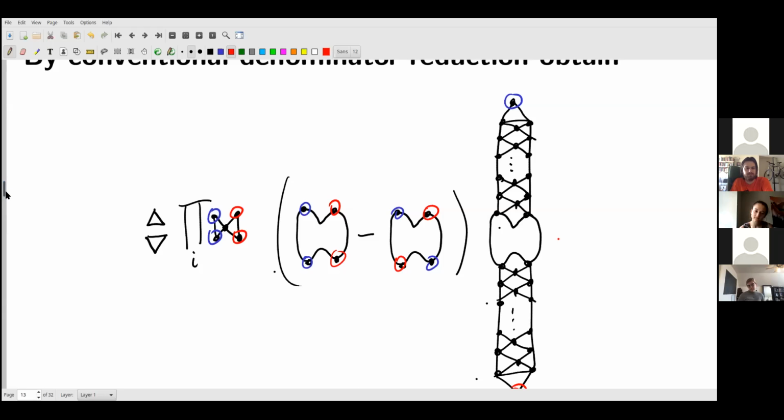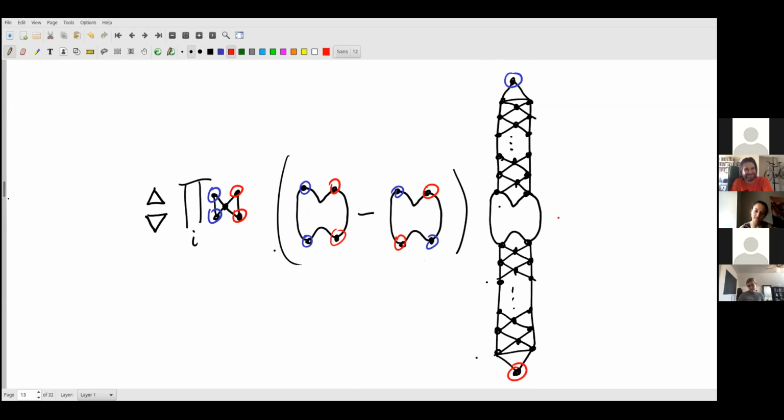And now I need to explain what my notation means here. So if I just draw a graph like this, just drawing a graph means it's the Kirchhoff polynomial. I should write more neatly than that, shouldn't I?